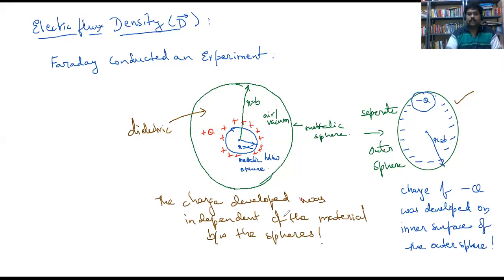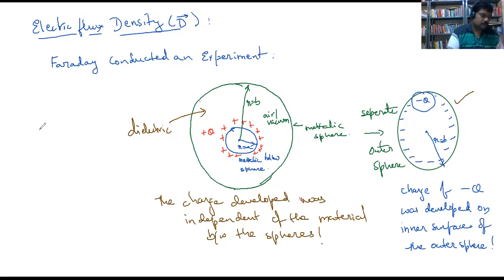Okay, so two things. First, an opposite charge develops on the outer sphere, and the strength of the charge is irrespective of the material which is between the two spheres. So these are the two conclusions.